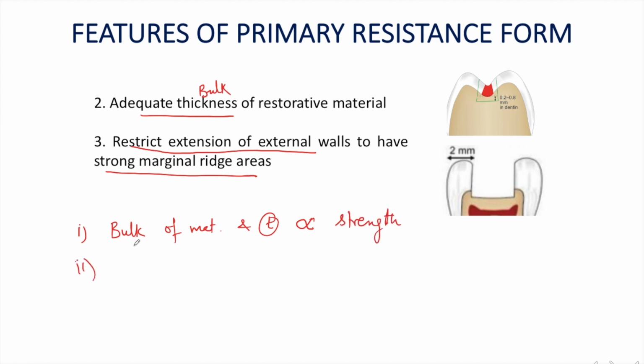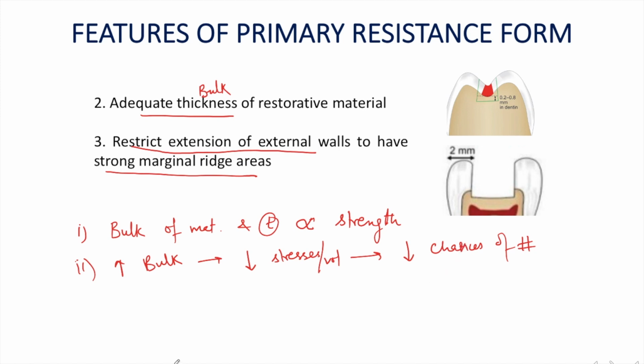The other point is that by increasing the bulk of the restorative material or leaving behind sufficient bulk of tooth structure, the amount of stress per unit volume will decrease, and thus this will decrease the chances of fracture of the restoration or the tooth. So I hope you understood the logic behind these points now.